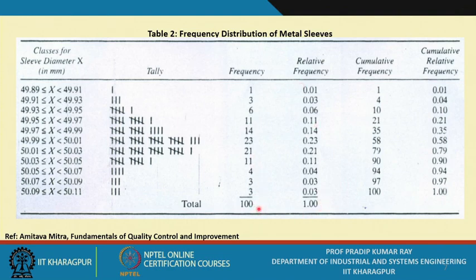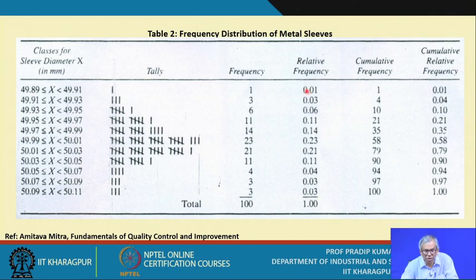Here it is 100 by 100, so 1.0, and each one is divided by 100. The cumulative frequency is, say, 1, 4, 10, you add them: 1, then 4, then 10, then 21, like this. Ultimately the cumulative frequency will be 100 and the cumulative relative frequency is 1.